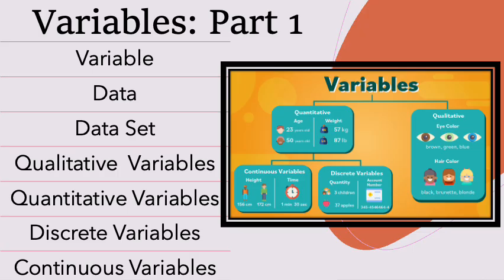As shown in the picture, an example of a discrete variable would be 3 children. You cannot have a fraction of a child. Height, however, would be a continuous variable because we could measure height to the 10th, 100th, 1000th, or even smaller and smaller fractions of a centimeter.